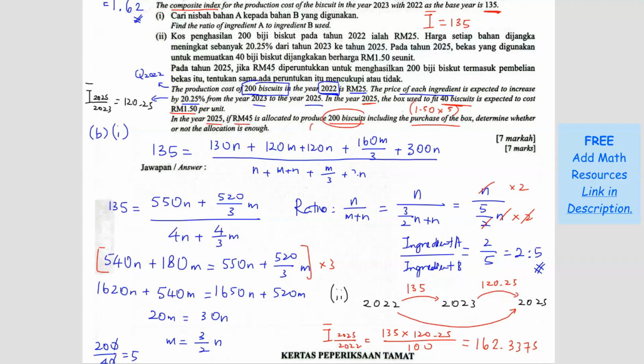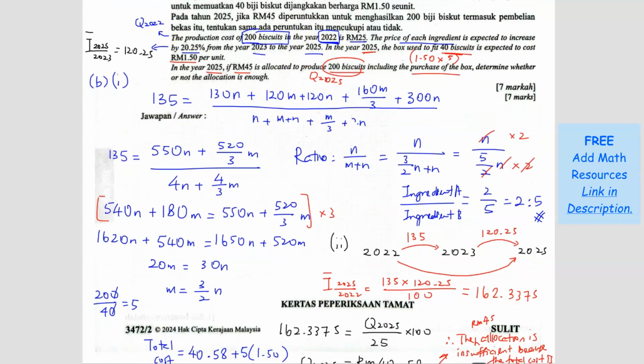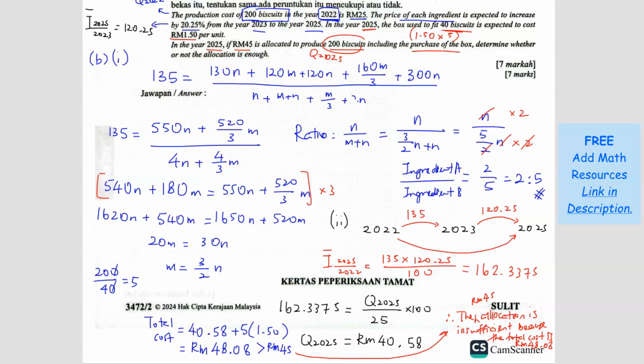Okay, we want to find the price, that means Q 2025, the price of the 200 biscuits in 2025. That's what we are looking for. To find this, we are given this price index here, so we have to use it to find the new price index of 2025 based on 2022, because the price is given for 2022, 25 ringgit. So that's why I did this part here.